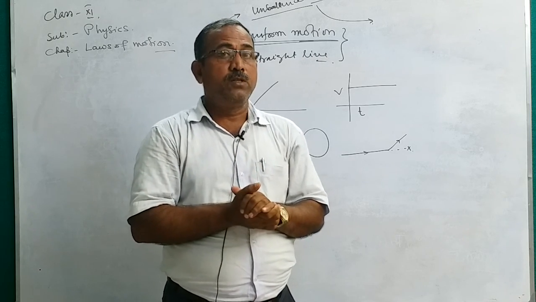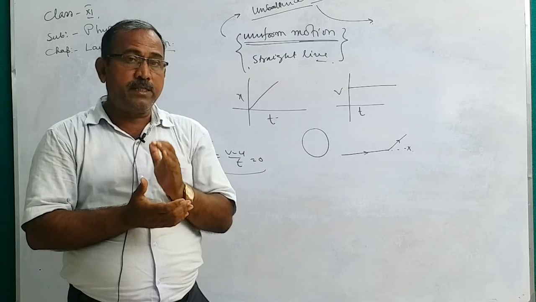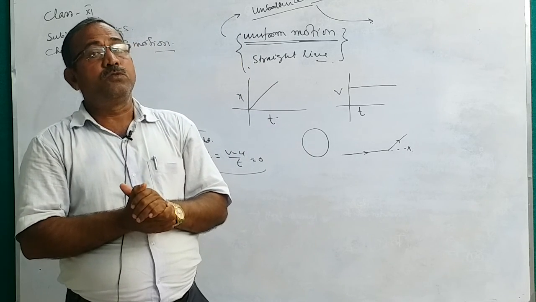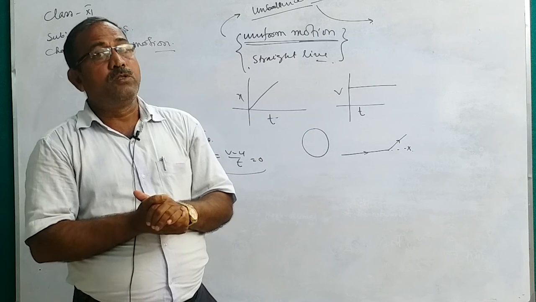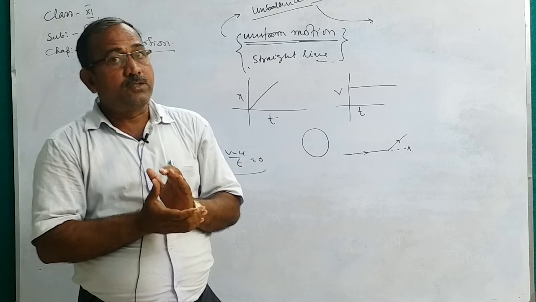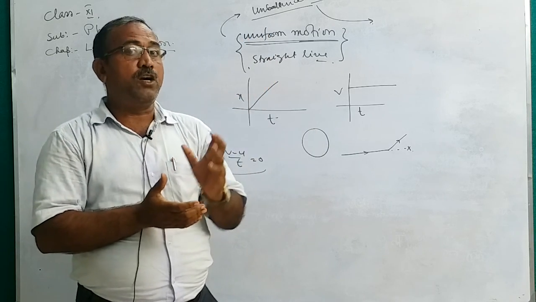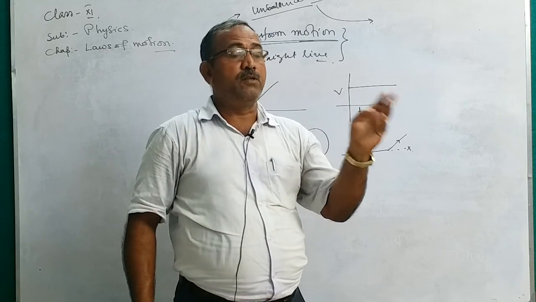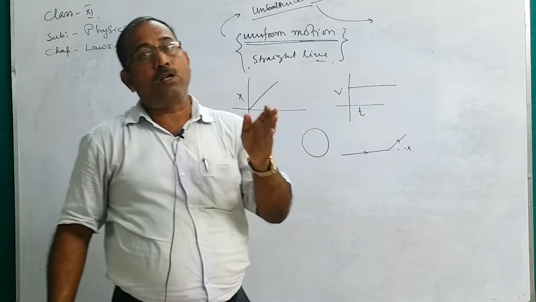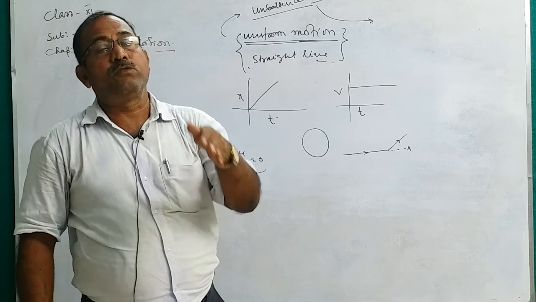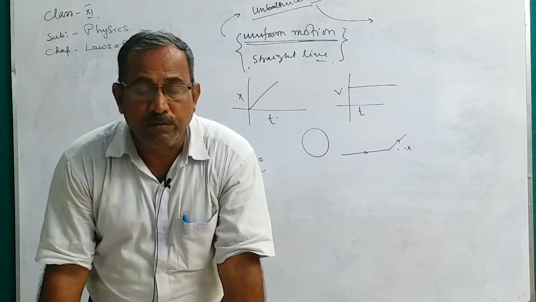Inertia is the tendency of an object to always try to remain in its original state. That means if the object is at rest, it will try to remain at rest, or if the object is in motion, it will always try to remain in uniform motion.